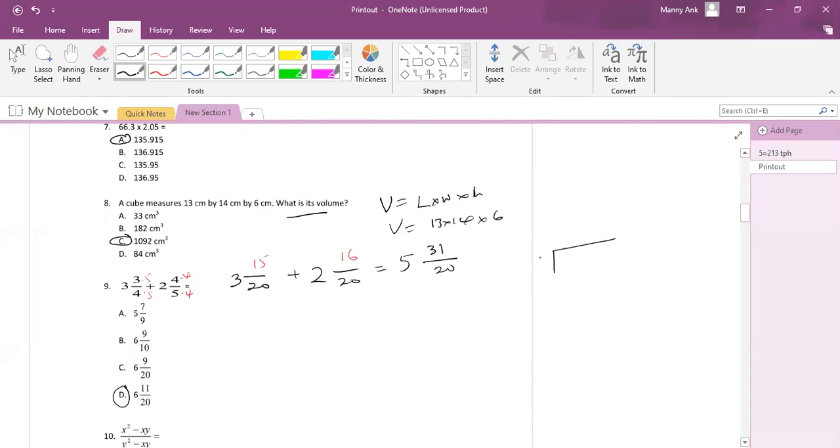I can do a long division. 20 into 31 goes once, 1 times 20 is 20, I have 11 left. So I'm going to end up with one whole number, with 11 out of 20 left. Now I add this one whole number to the whole number here, so that I have 6 whole numbers with 11 out of 20 parts.